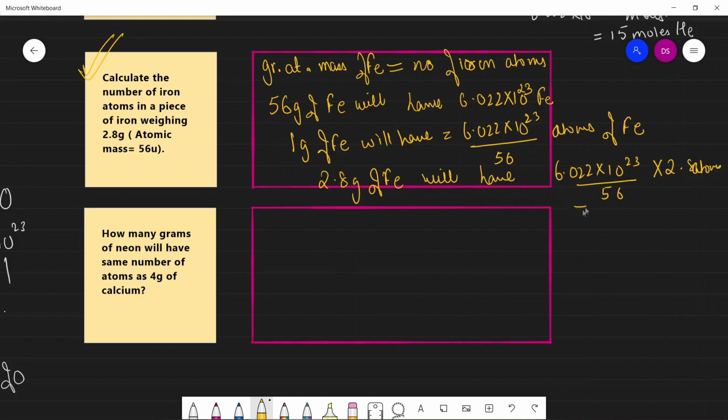Which you calculate and you will get 3.011 into 10 raised to the power 22 atoms of iron. I hope this is clear.